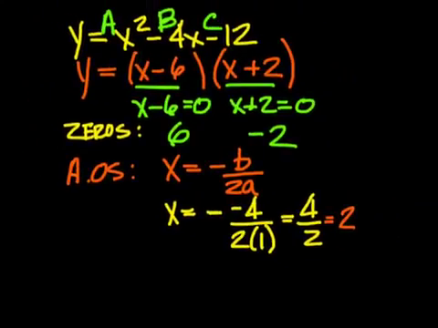Alright, now, once I find the axis of symmetry, what's next? You got to find something that starts with a V. Vertex. Vertex. How do I find the vertex?